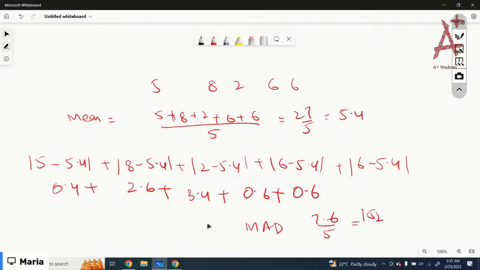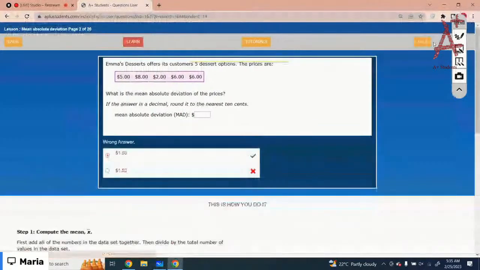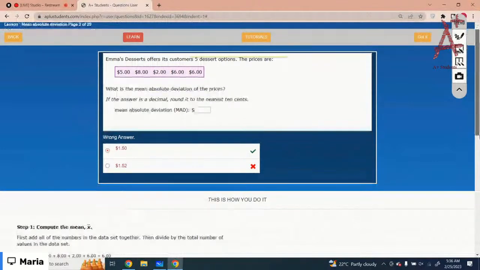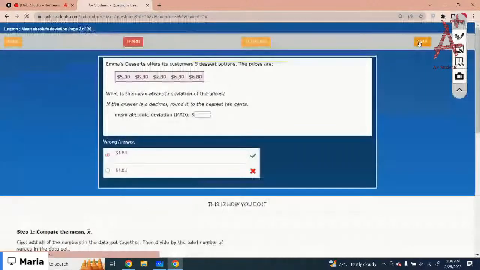So the correct option is 1.52. Got it? You can round it off to 1.50.